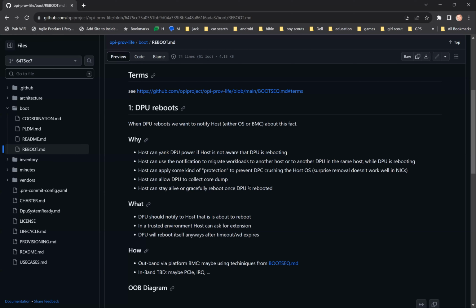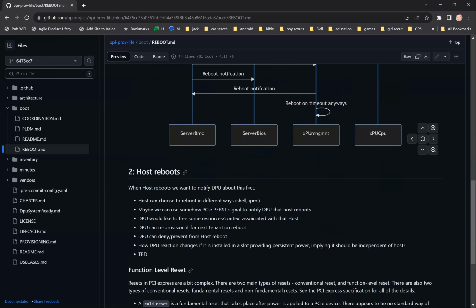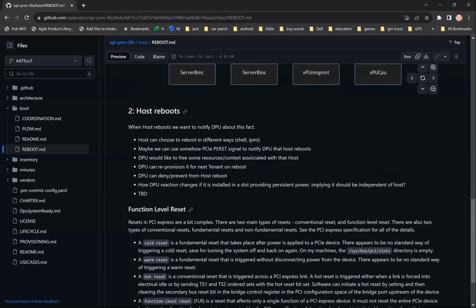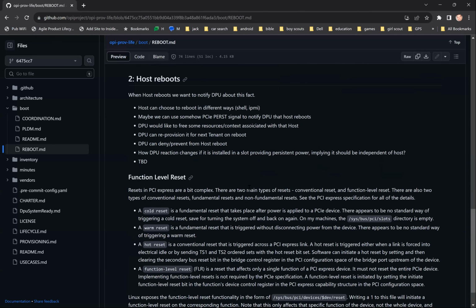So basically, when the host reboots, the DPU needs to know about this in order to free some resources of the DPU that are associated with this host. And this is number 2. I'm starting from the end of the page, sorry. So number 2 is host reboots and wants to notify DPU. The proposal here is, can we use the functional level reset, for example, and standardize on this so the DPU will get automatic notification every time the host reboots?